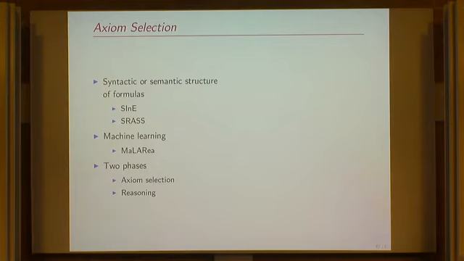Another approach, by Josef Urban, is based on machine learning, with syntactic and semantic features encoded. Machine learning algorithms run through existing proofs and try to learn, given a new goal, which would be the relevant axioms. Basically it has two phases, usually axiom selection and reasoning, though the interaction could be more intricate than that.